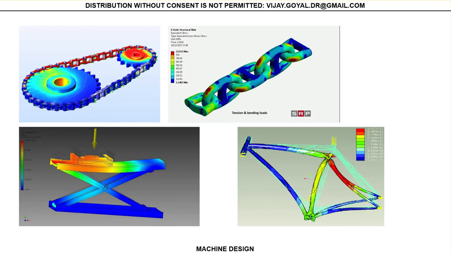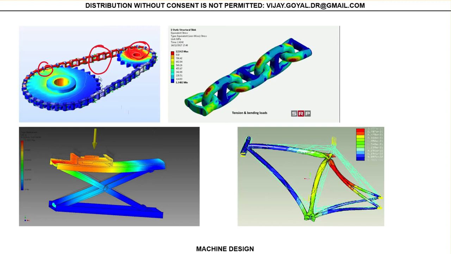Now you can have tons of examples. As an example, you can have the case of gears with a chain. You can see that when you're designing the chain itself, it's going to have high stresses. When you're designing the gear itself, it's going to have high stresses. So this becomes very important. That means my chain needs to be designed, and my gears need to be designed, to make sure that holds.